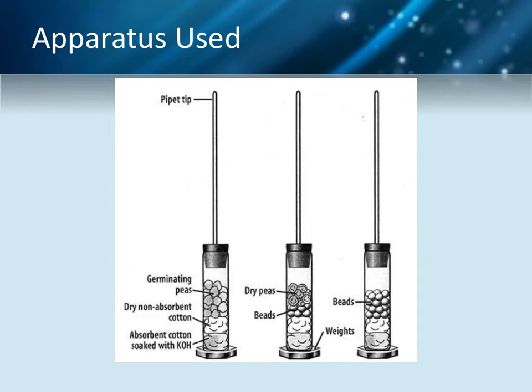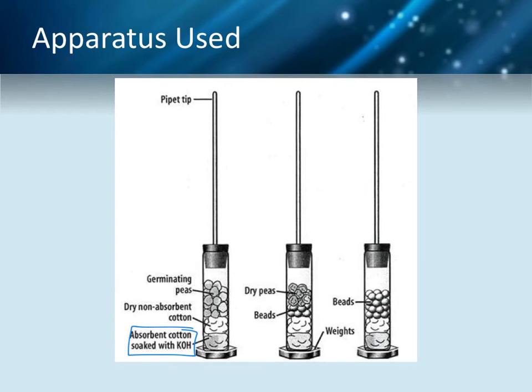Okay, how we're actually going to measure this, like the actual equipment we're going to use, looks like these guys. These are called respirometers, just a fancy name for how to measure respiration. And I'm just going to quickly take you through the stuff that's in them. So at the very bottom, we're going to put some cotton with potassium hydroxide soaked into that cotton. And I'll explain in a minute why that is.